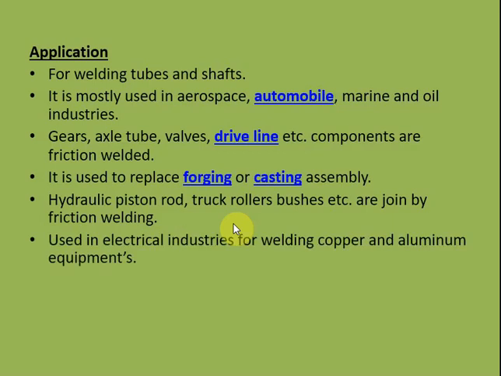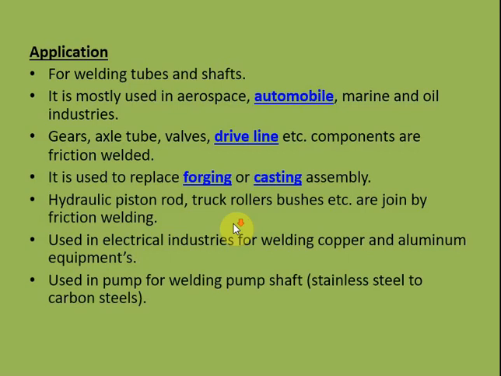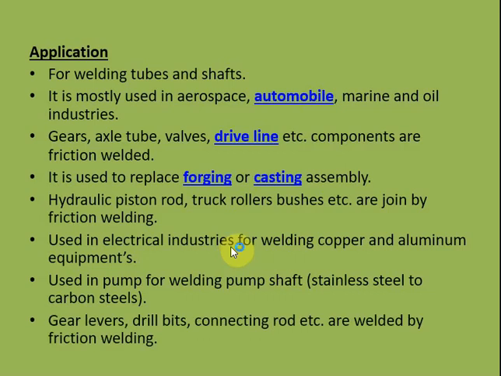Used in electrical industries for welding copper and aluminum equipment. Used in pumps for welding pump shaft, stainless steel to carbon steel. Gear levers, drill bits, connecting rods, etc. are welded by friction welding.